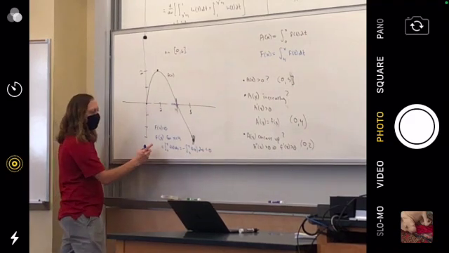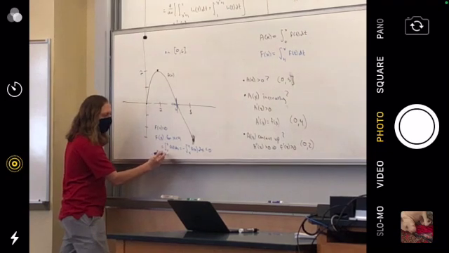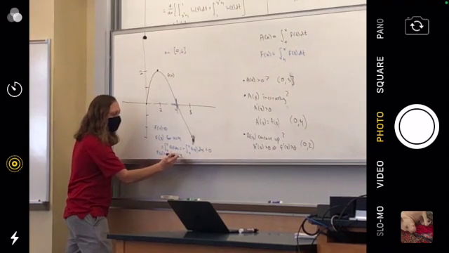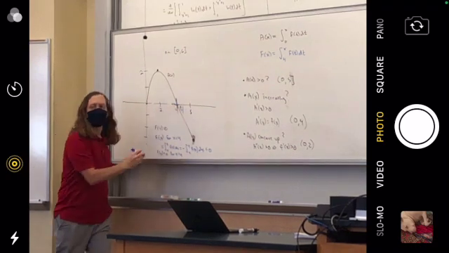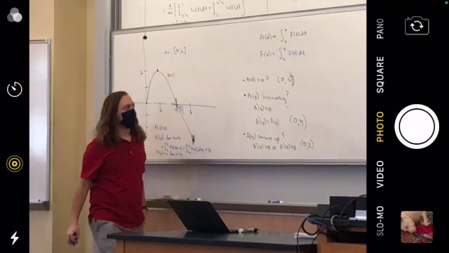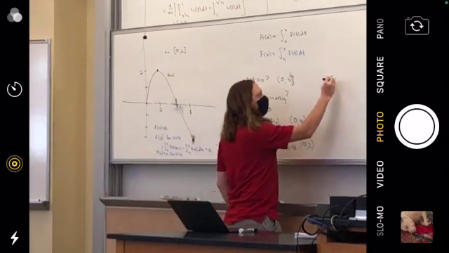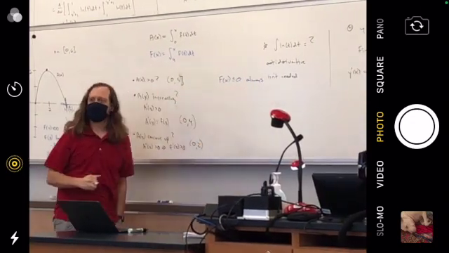And then what if I'm bigger than 4? If x is bigger than 4, I start here and I find some area below the x-axis, so it's negative. So f of x is always less than or equal to 0. It's never positive.